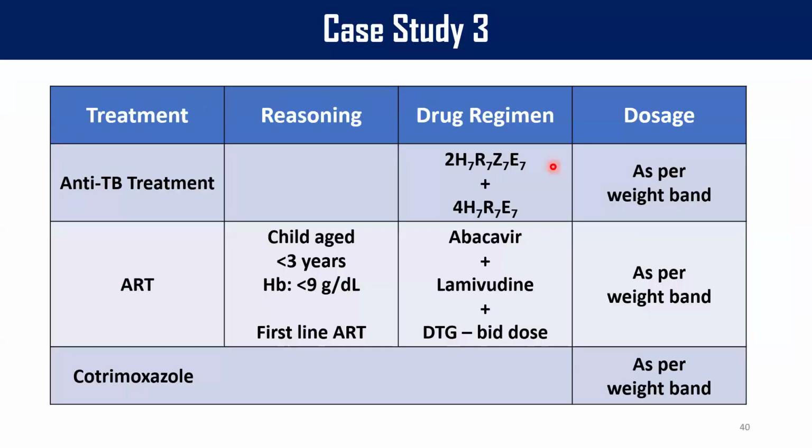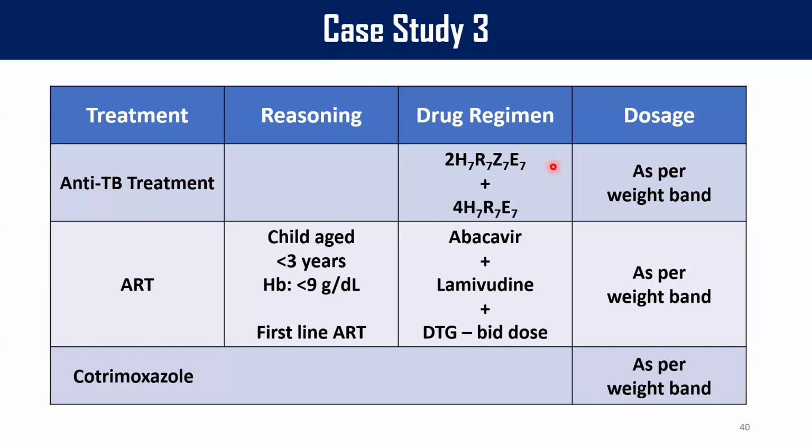So anti-tubercular management includes 2 months of these drugs in the intensive phase, HRZE, and 4 months of consolidation phase. This is available in your RNTCP program. And then ART to be initiated in these children as soon as you are stabilizing the tuberculosis, usually by around 2 weeks.